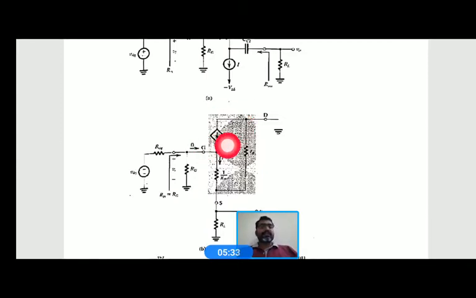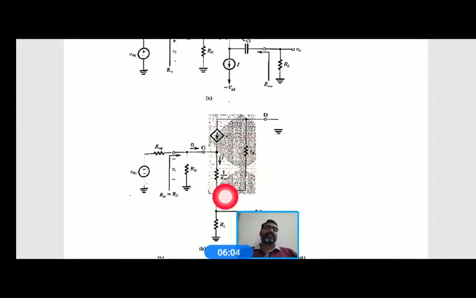In the T model, we know that at the drain side we have a current source, and at the source side we have a resistance of 1 by gm, and the gate is directly connected between this current source and this resistor. And also we have a resistor R0 connected between source and drain.